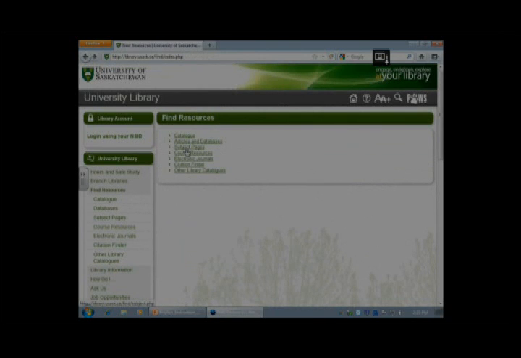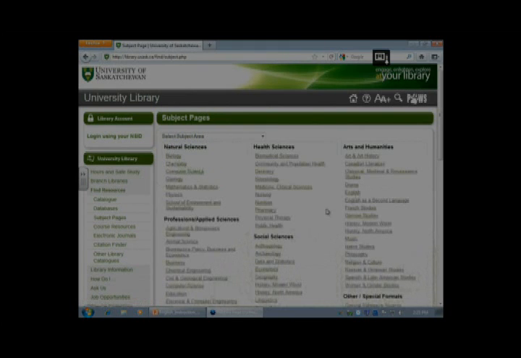There's other resources here, course resources, that may be of particular interest to you. It's good to see that there as well. Other library catalogs, if you're interlibrary loaning, you can use that as well. Let's go right to the subject pages though.